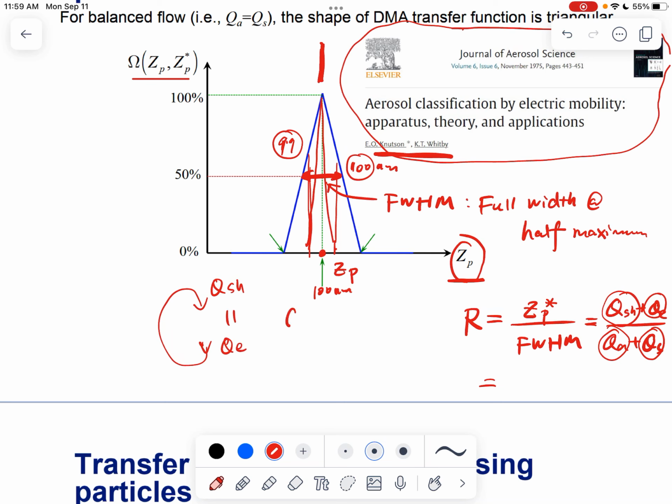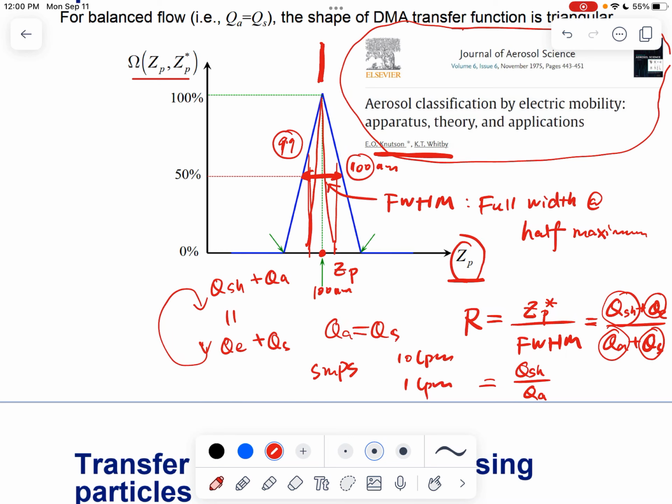And for the SMPS system that we showed earlier, which uses a recirculation of the sheath flow, Q sheath equals QE. Since QA plus Q sheath equals QS plus QE, this also means that QA equals QS. So for the SMPS system we showed earlier, the resolution is just Q sheath divided by QA.